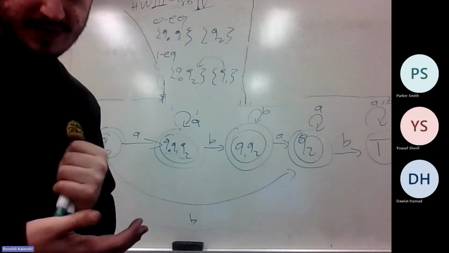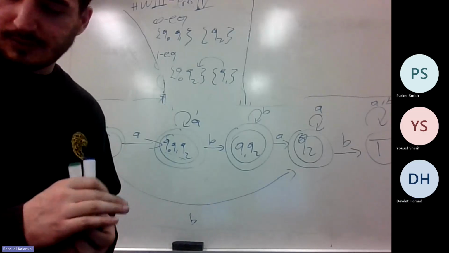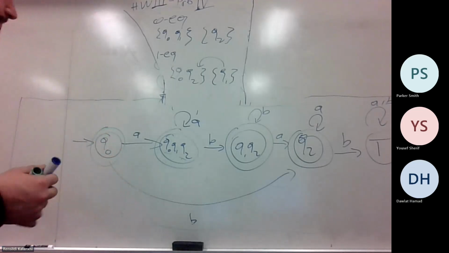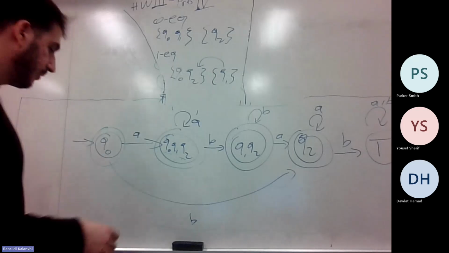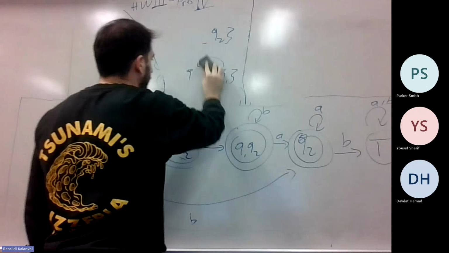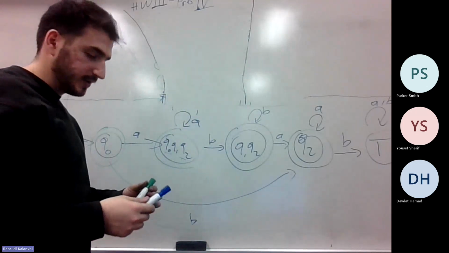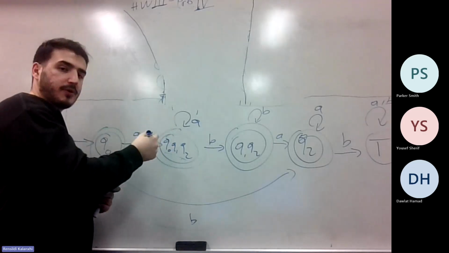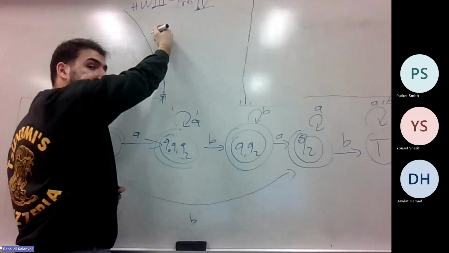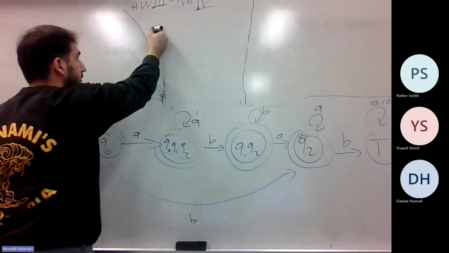I'm looking at my notes through the computer screen. Let's say I'm going to build a small NFA. Is this problem 4 or 5? Oh, this is problem 4. We can go to problem 5 if you guys want, or if you still kind of understand problem 4. Whatever you guys want. But let's say Q0.